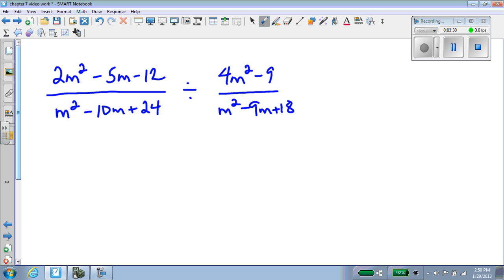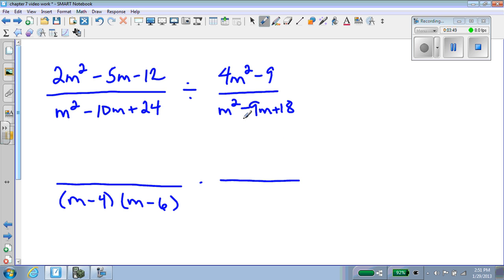Okay, here's a lot of work for us. That denominator looks like it's the easiest one to factor. I have m and m, and let's say minus 4 with minus 6 times. This denominator is actually going to be that numerator.